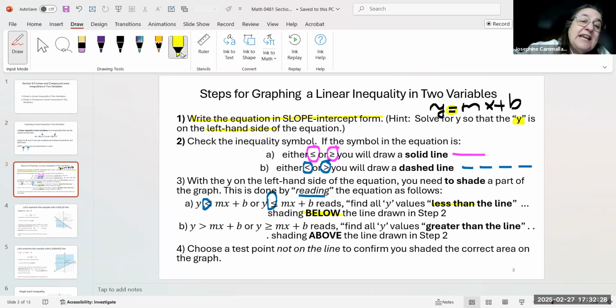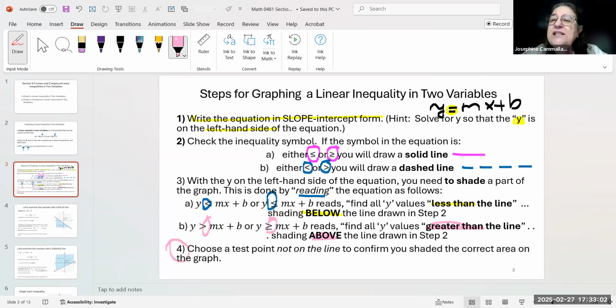And then notice here. Do you see that the arrows are pointing away from y? Well, this is saying find all the y values greater than the line, which means what's above the line? And just to make sure that you've graphed it and shaded correctly, you want to choose a test point.